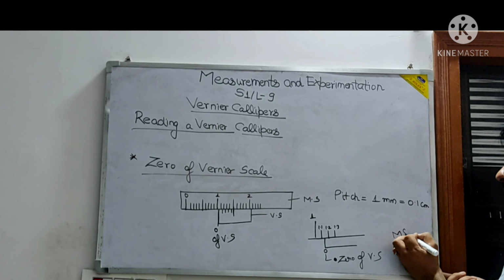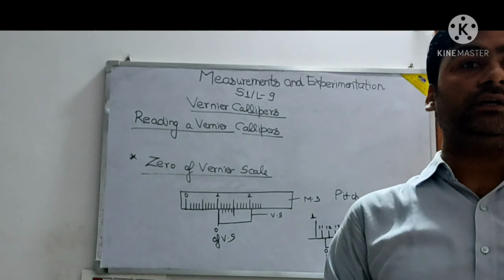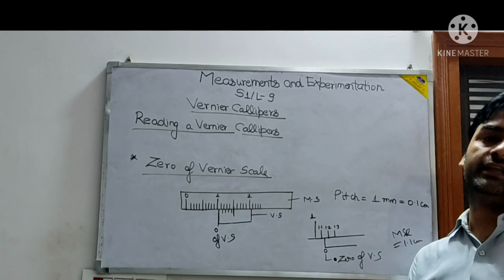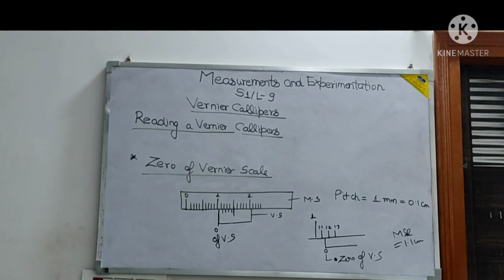Then the main scale reading will be 1.1 centimeter. Now you got my point. So the lower reading you are taking always. Someone will ask why.